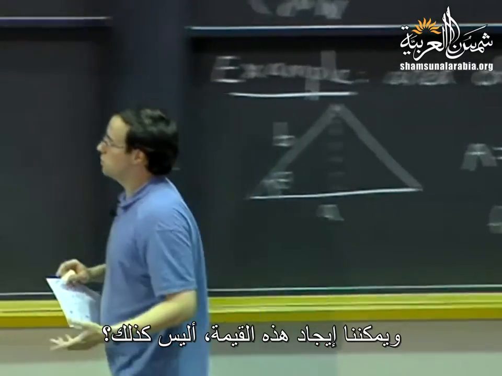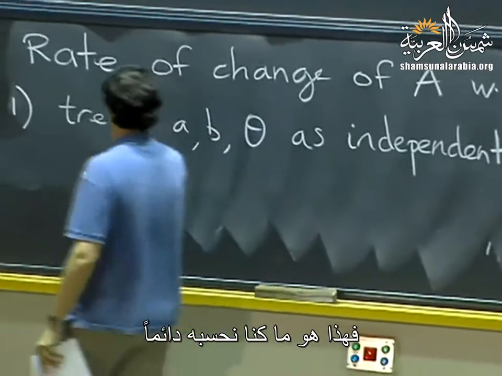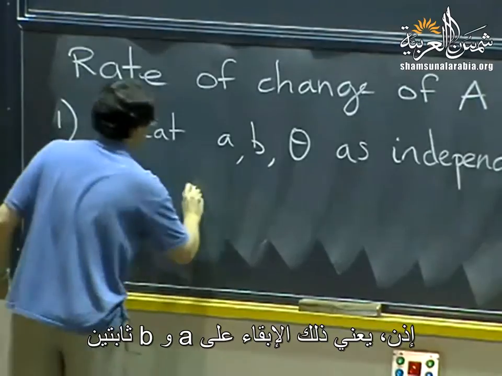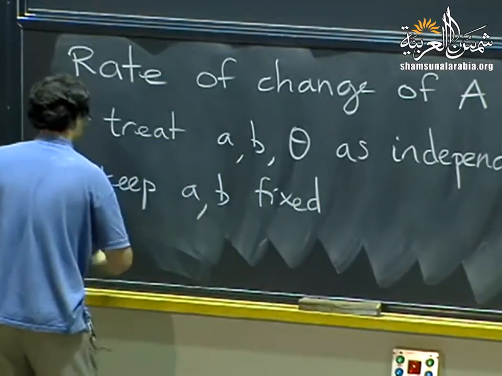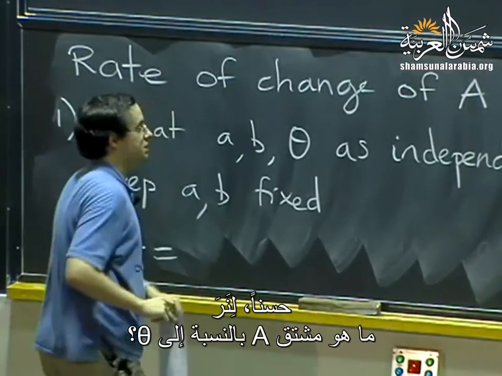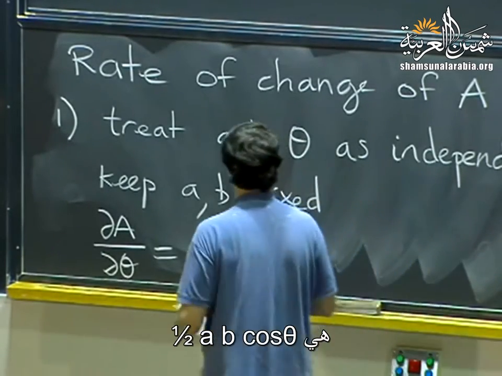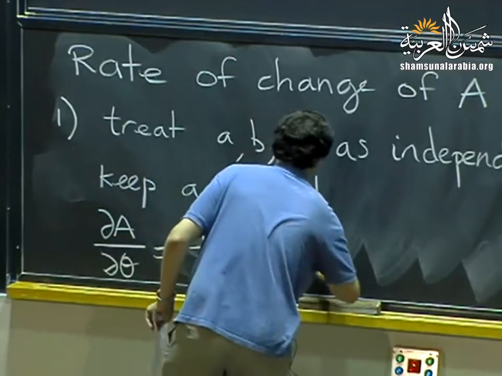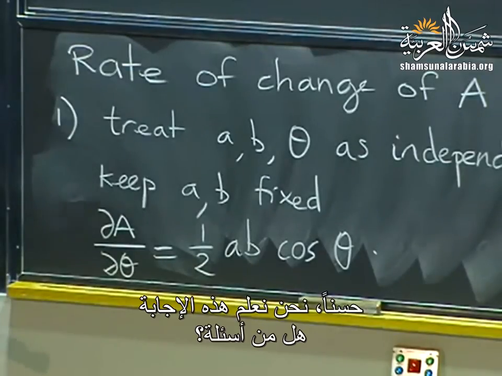That's the one we know how to compute, because it's the one we've been computing all along. So we keep A and B fixed, and the derivative of A with respect to theta is 1/2 AB cosine theta. That one we know.